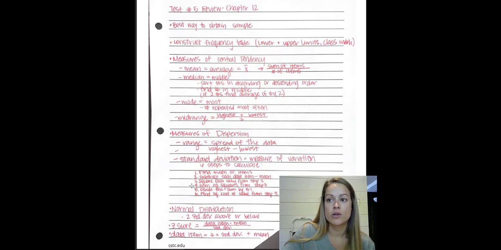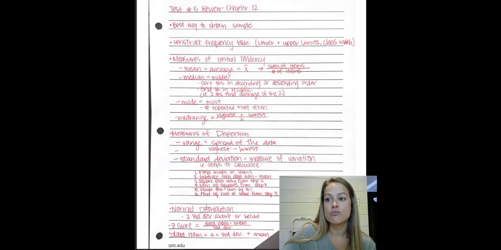Step 4, we are going to take all those squares from step 3 and we are going to sum them together. Step 5, we are going to take that sum from step 4 and we are going to divide by n minus 1. Our n in this case is our number of items. And then the last step is to find the square root of our value from step 5. And that is our standard deviation.